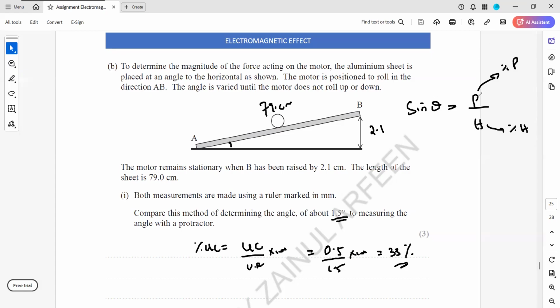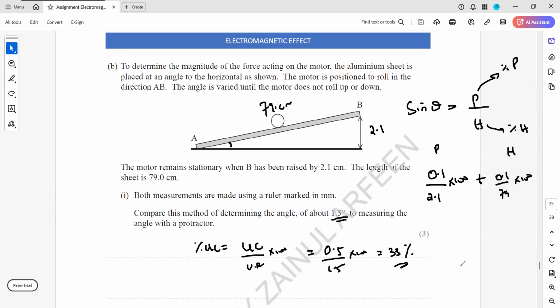When we are using a scale, when we measure the perpendicular, what will be the uncertainty? It will be 0.1, because that is the smallest value it can record, divided by 2.1 times 100, plus the uncertainty in measuring the hypotenuse, which will be 0.1 divided by 79 times 100.